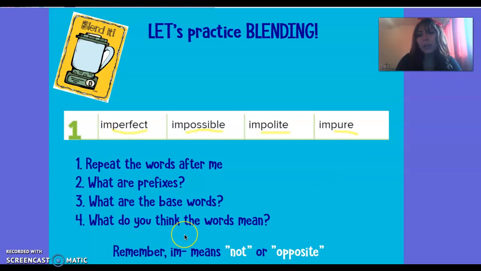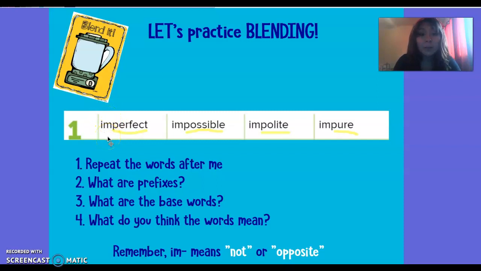Now, what do you think the words mean? Use your prefix to figure out the meaning. Take about 5 seconds. Let's talk about it. Imperfect, we have the prefix im, which means not.